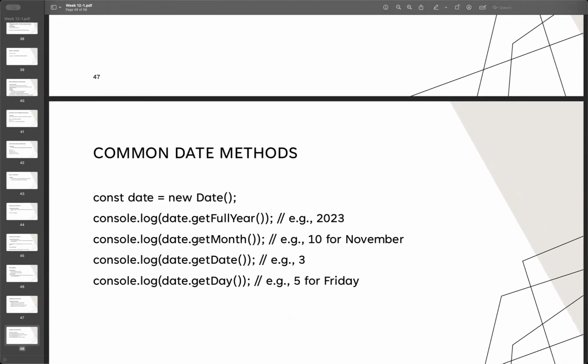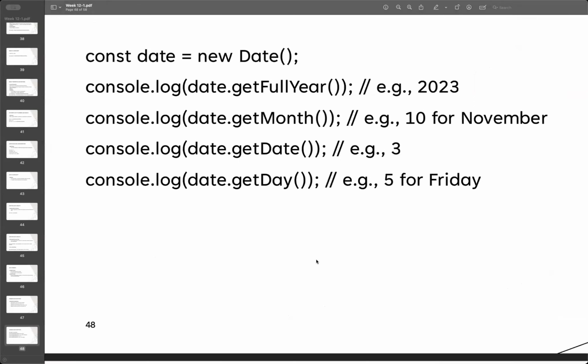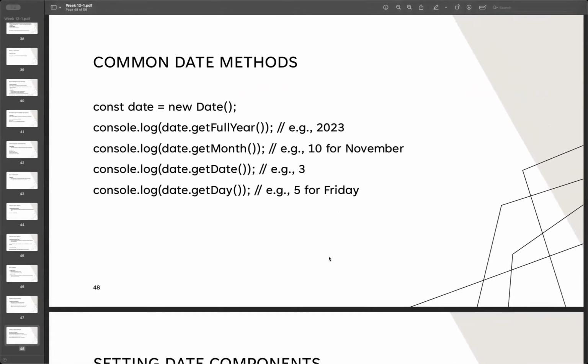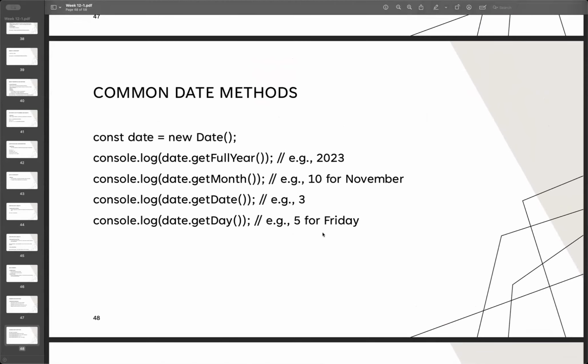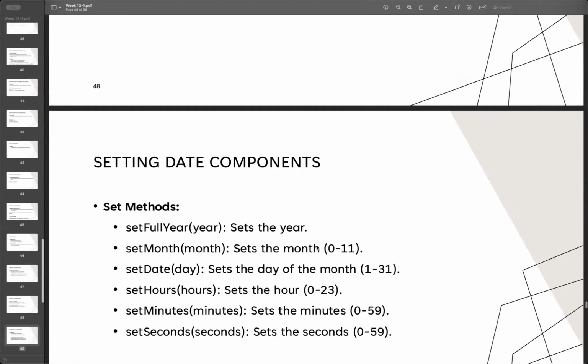Then getMonth returns 10, which means we need to know it's November. The date is fine, 3rd of November. For the day, if you see 5, that means it's Friday, 6 is Saturday, and then it goes back to Sunday. Sunday will be 0. Just be careful of this part.